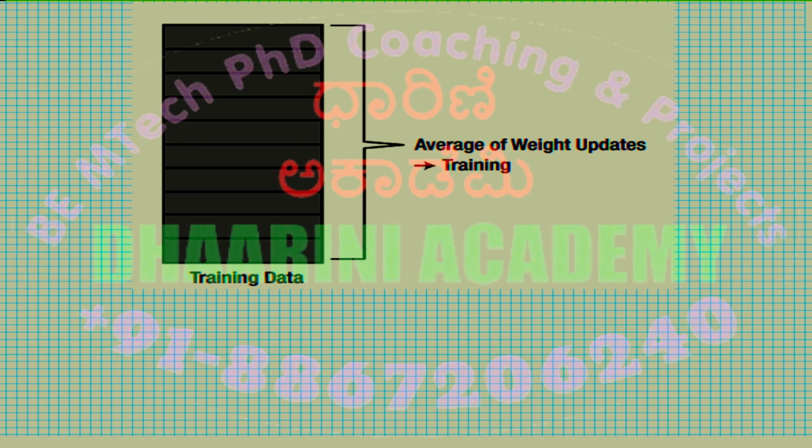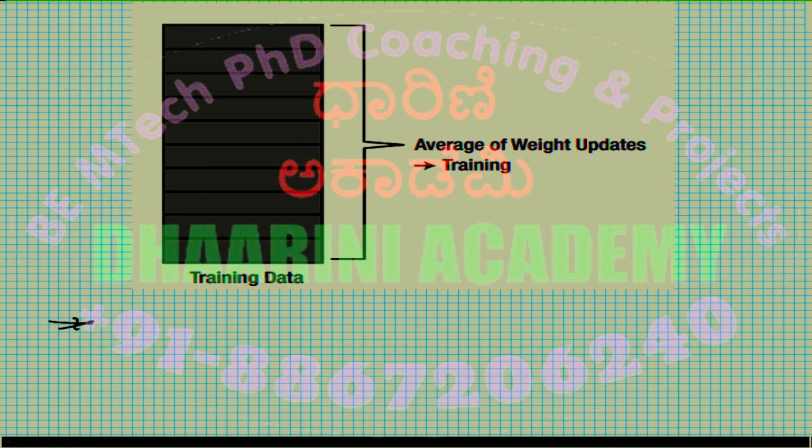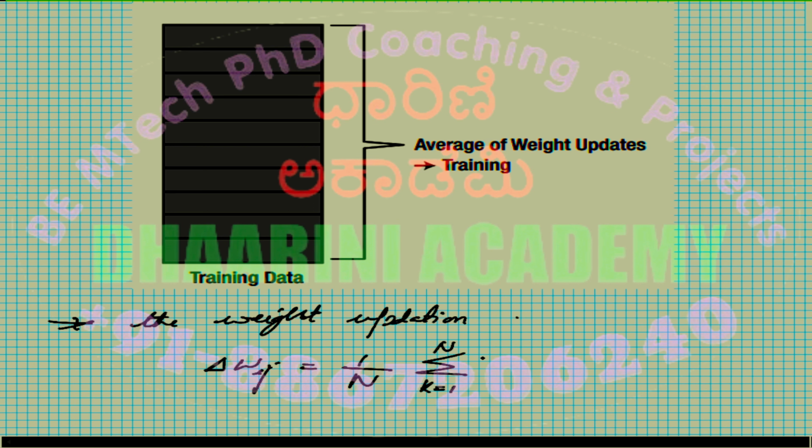Using this batch method, if you want to update the weight, then the weight updation, that is delta wij, is equal to 1 by capital N times a summation, where I take the sum of all the wij's and consider the average of them as the actual wij. Say k is equal to 1 to n.